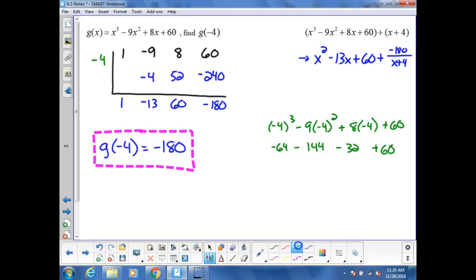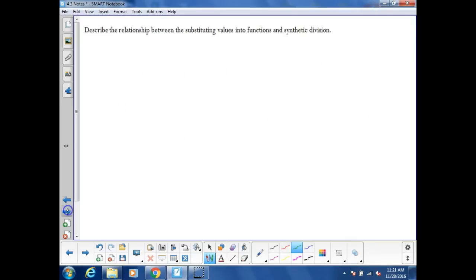Negative 64 minus 144 is negative 208. Minus 32 is negative 240, plus 60 is negative 180. So it checks out.